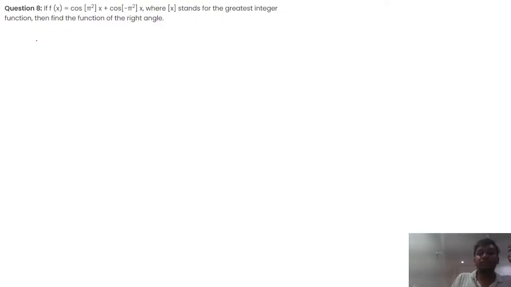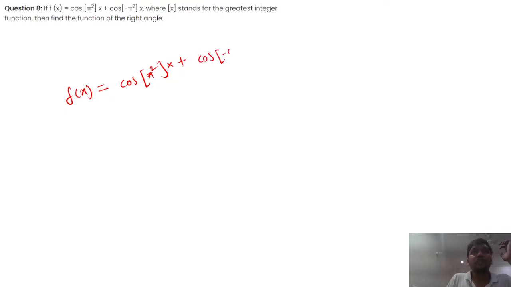This is the homework question, and this is the greatest integer function. Okay. For x plus cos of minus pi square x, where x is the greatest integer function.